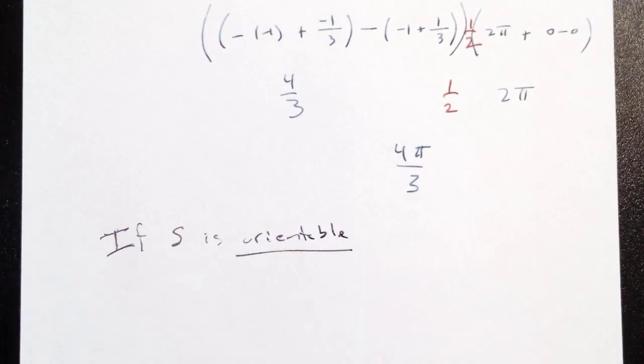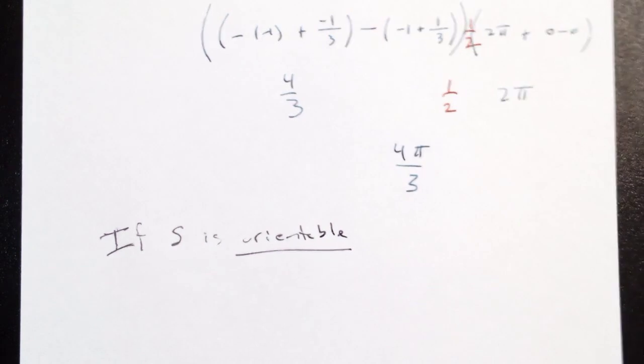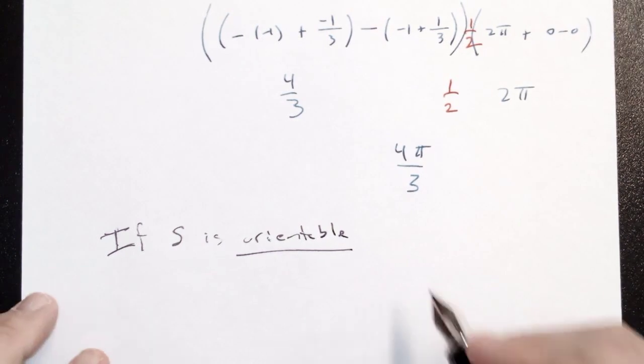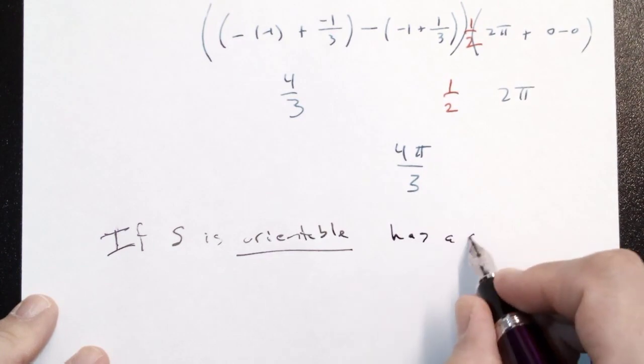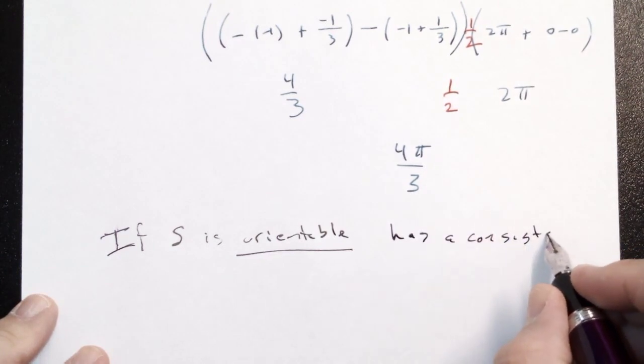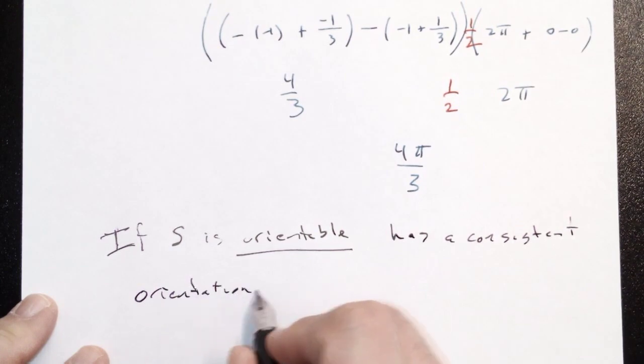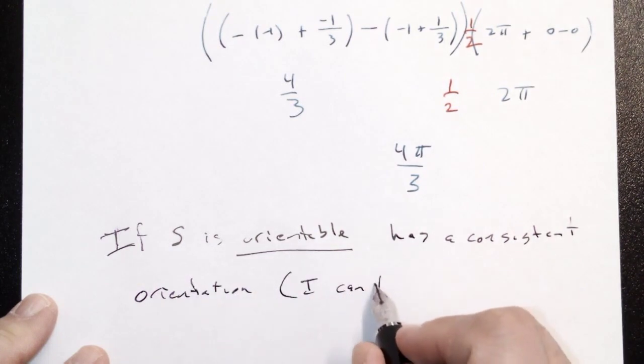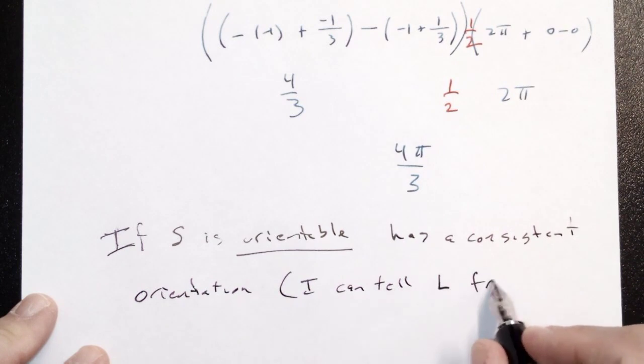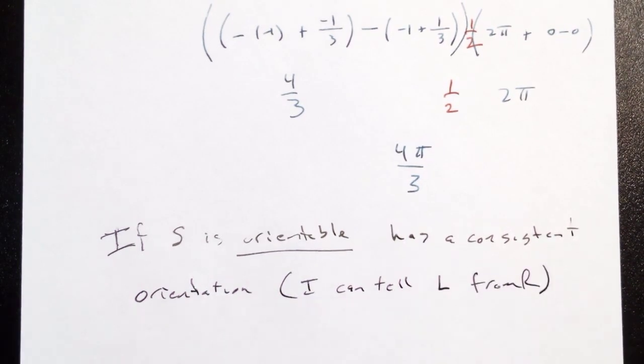An orientable surface has an orientation on it. I can tell which is the left side, which is the right side.